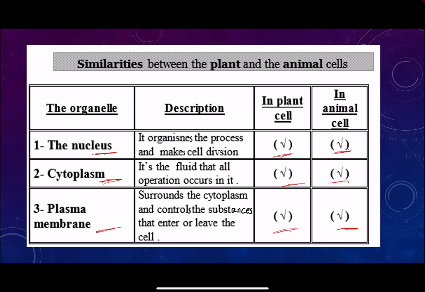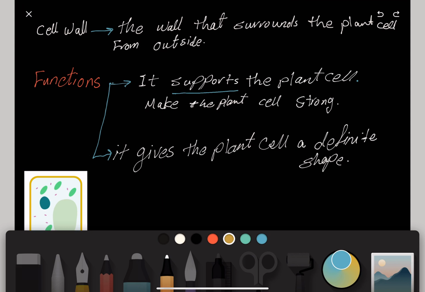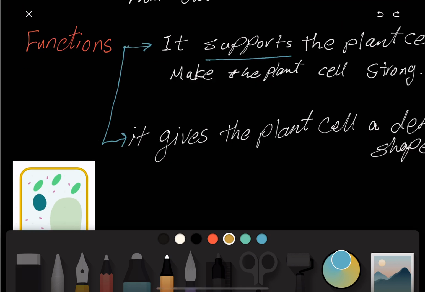Now we're going to talk about the cell wall and its functions. The cell wall is the wall that surrounds the plant cell from outside.